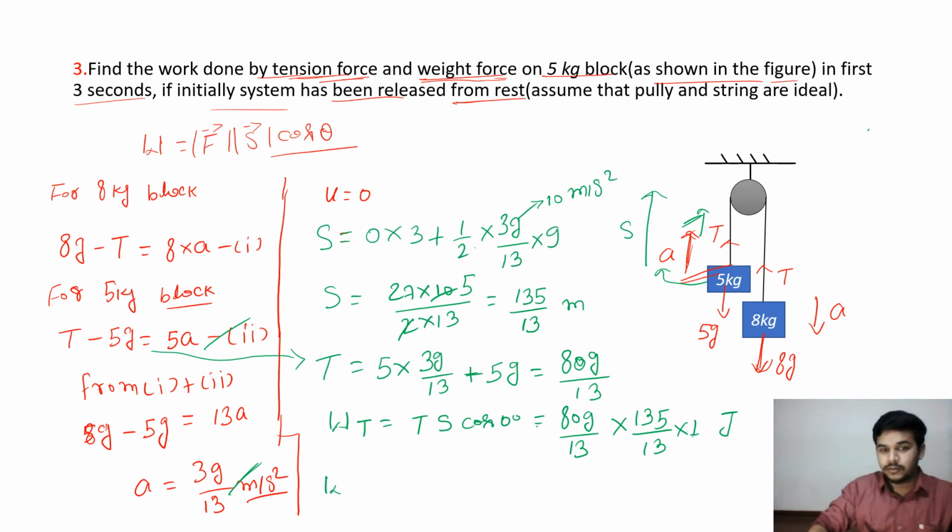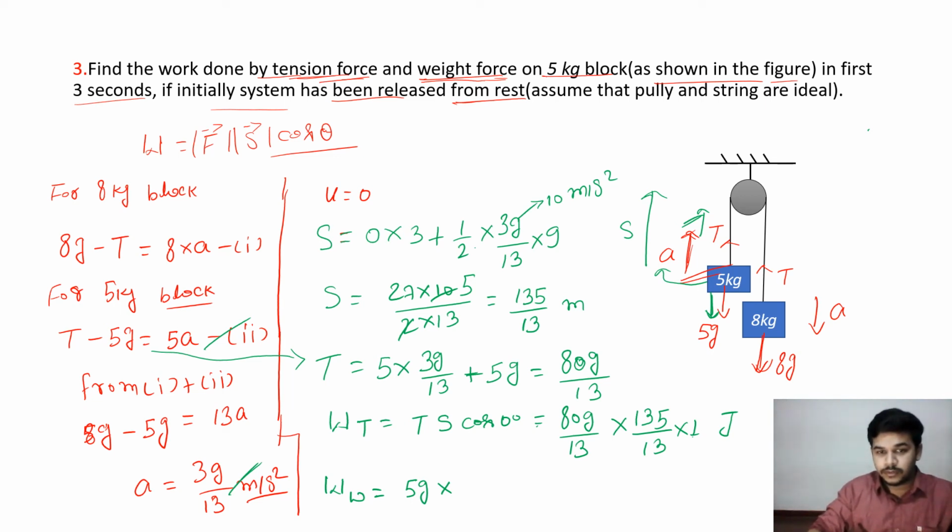Now the work done by weight force. The weight force is nothing but mass into gravitational acceleration, that is 5g, times displacement. You can see here the weight force was downward, but the displacement happened in the upward direction. So the angle between them will be 180 degrees.